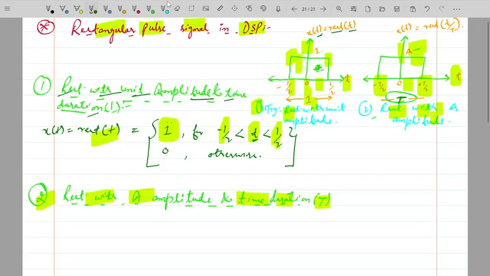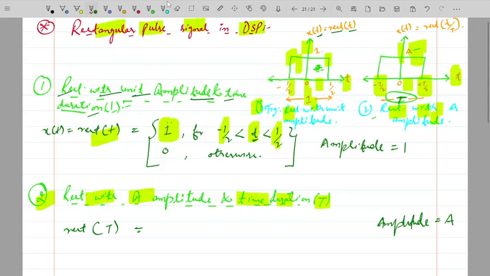So here rect of t by capital T is for the second case. In the previous case the amplitude is equal to 1, and in this second case the amplitude of the rectangle is A.